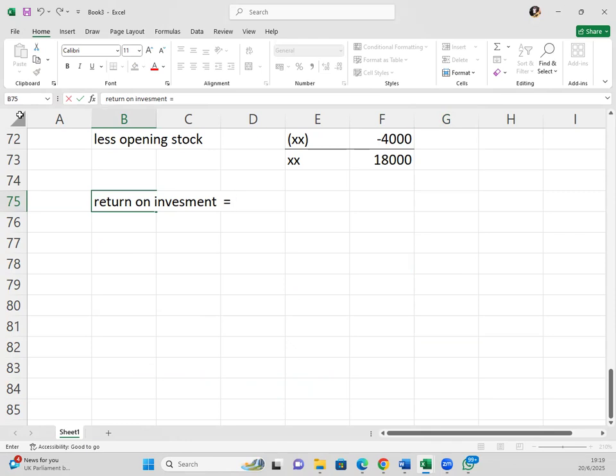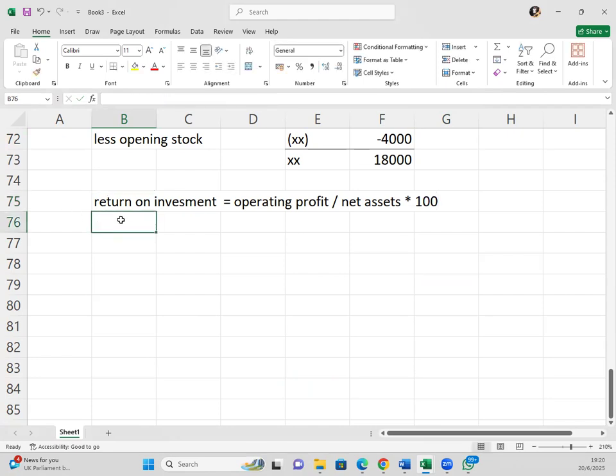So the return on investment is going to be our operating profit over our net assets times 100.